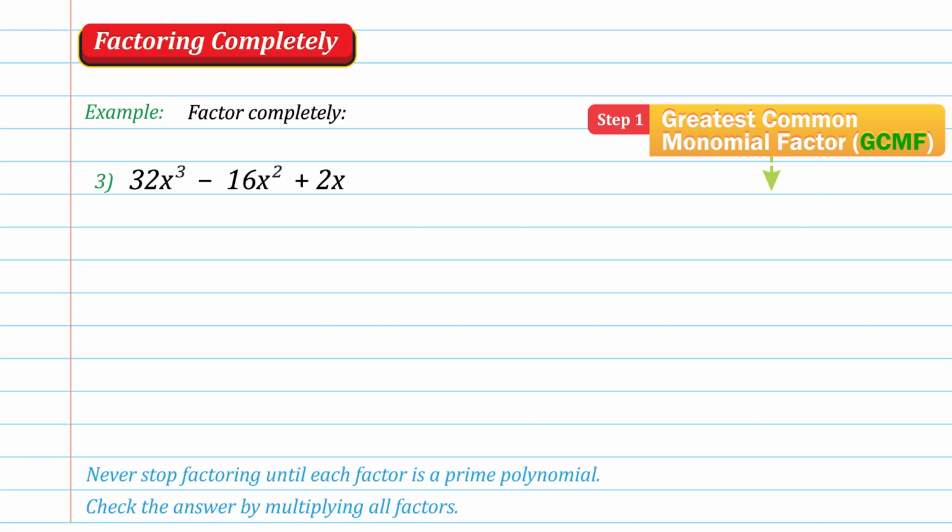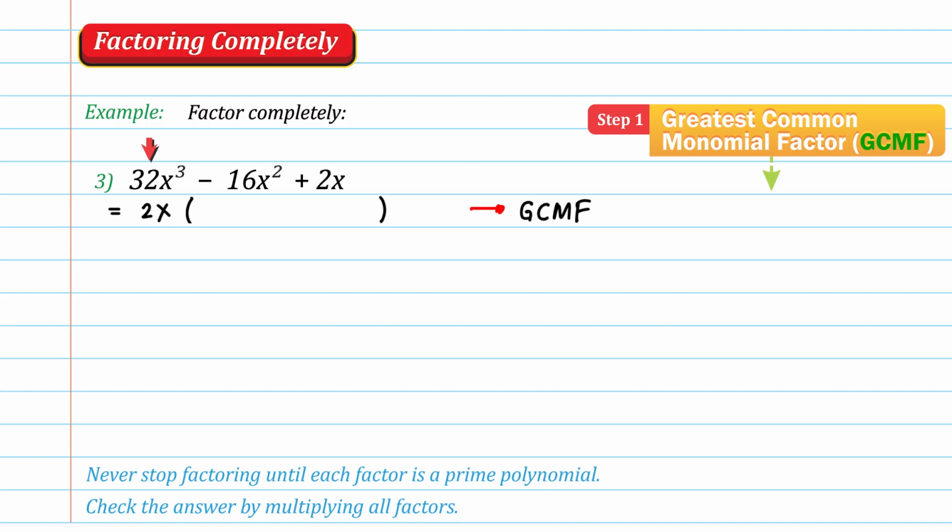In this case, by observation, 2 is the GCF of the numbers 32, negative 16, and 2. Let's factor 2 out. Looking at our literal coefficients, x is common among them. So, yun na yung GCF. Our GCF is 2x. To get the other factor, divide each term by the GCF 2x.